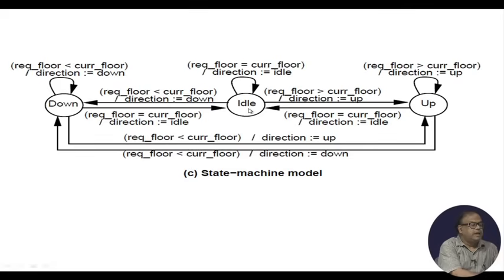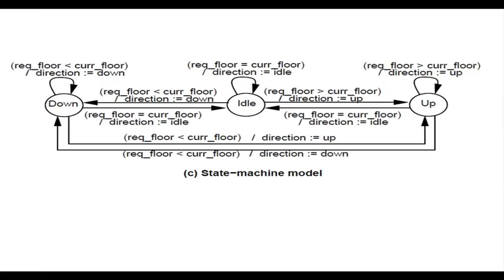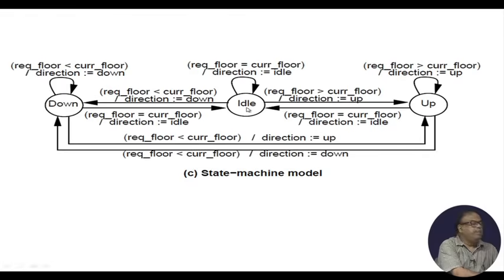There are 3 states: either the controller is idle, the elevator is not moving up or down, or it is moving up or it is moving down. Now, when will it be in which state? If it is in idle and the requested floor is lower than the current floor, then the direction is down.